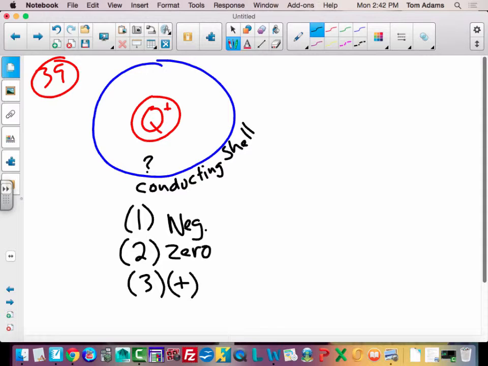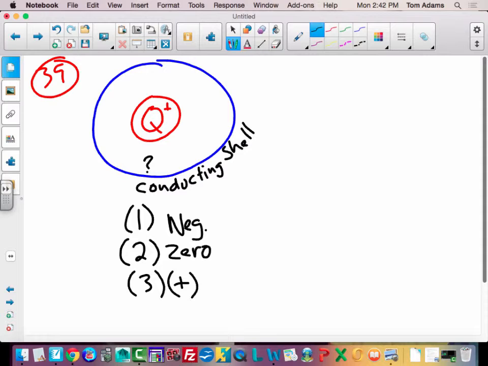So if it's a positive charge, and we talk about the electric field, it is going to move away from that charge. But what happens to the shell? It says the inner surface of the shell.